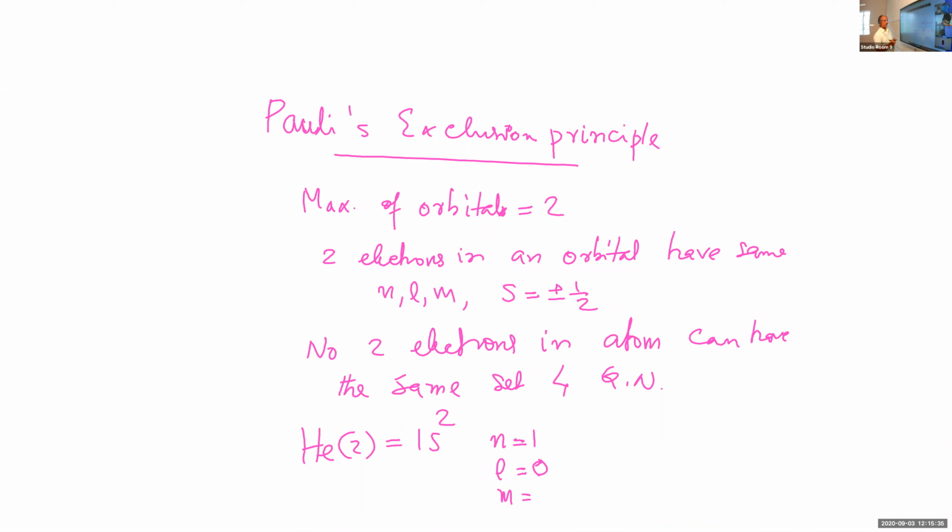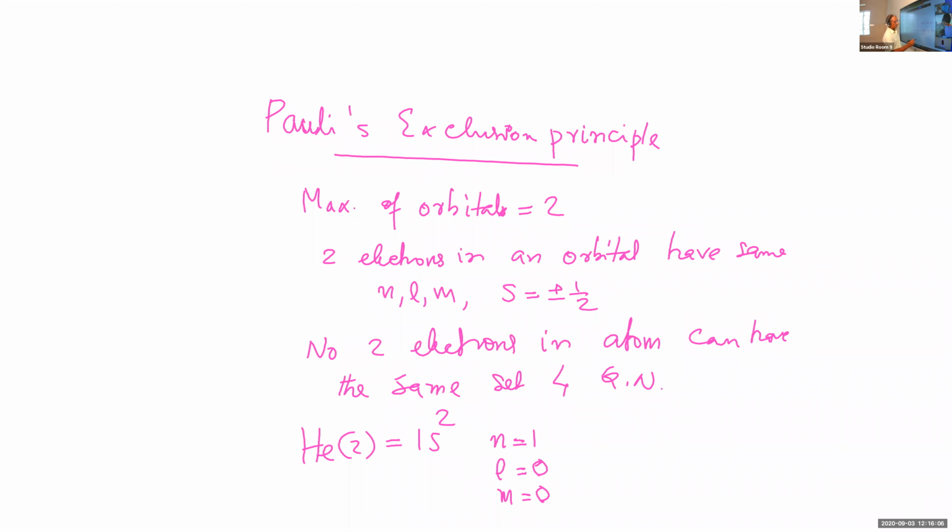If l is equal to 0, the m value will be minus l to plus l, that is 0 only. So the two electrons have principal quantum number n equal to 1, azimuthal quantum number l equal to 0, magnetic quantum number m equal to 0.